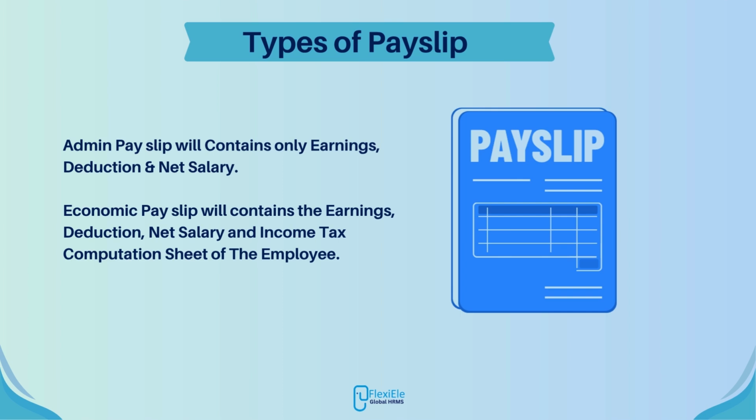The admin payslip usually includes only earnings, deductions, and net salary. The term economic slip isn't commonly used in payroll or financial documentation and may be a misinterpretation or shorthand for something else. It typically includes the employee's earnings, deductions, net salary, and income tax computation sheet.